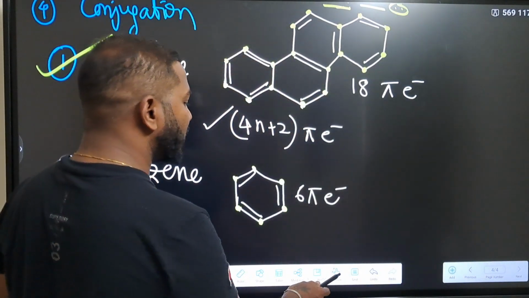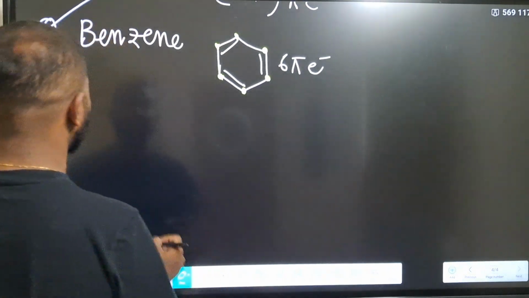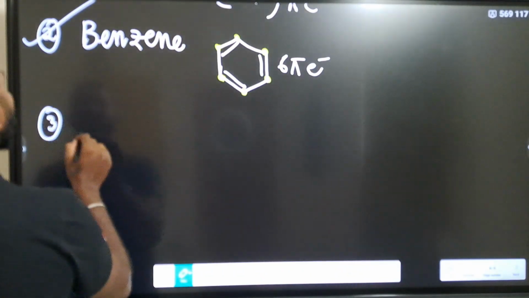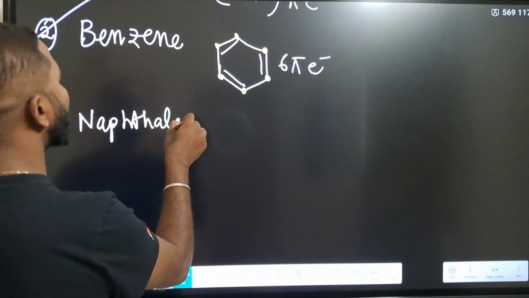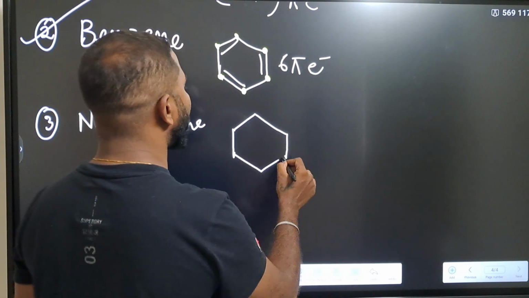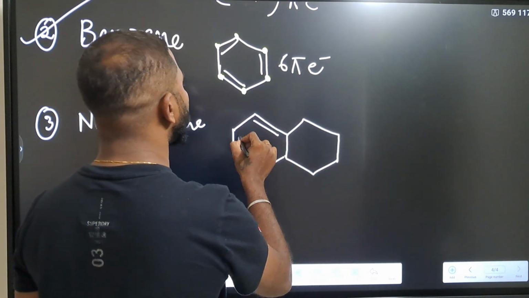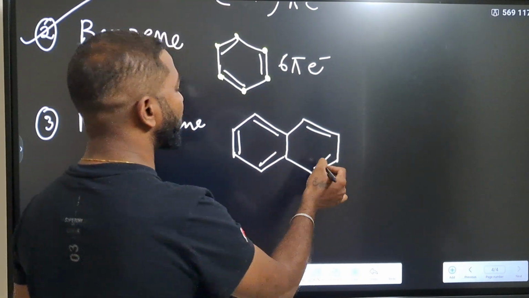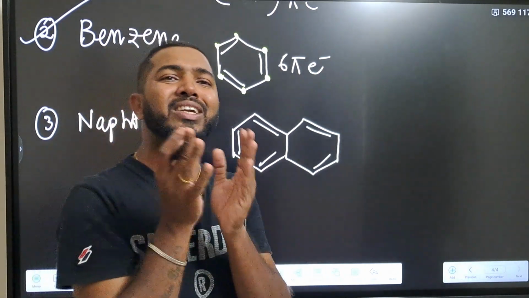Next, let us move to the third option, that is naphthalene. Naphthalene is also given in the options. What is naphthalene? We know very well, 2 benzene rings fused with each other. This is the structure of naphthalene, where we are going to have 5 pi bonds, totally 10 pi electrons.